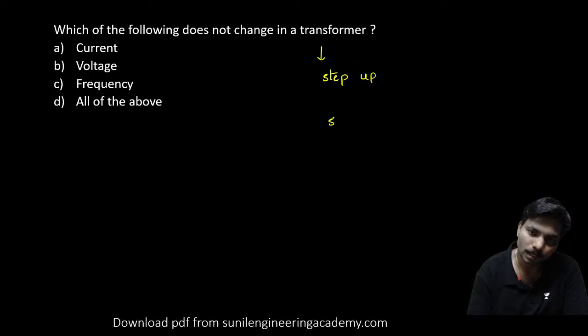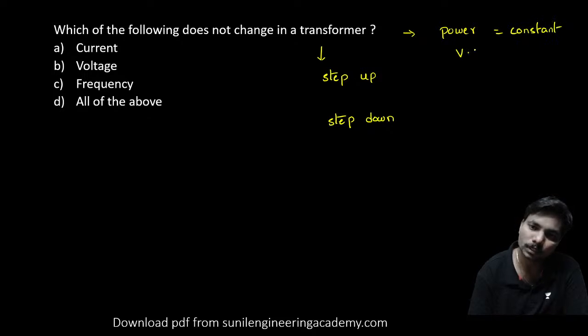In the transformer, the power is always constant. That means the product of voltage and current is constant.